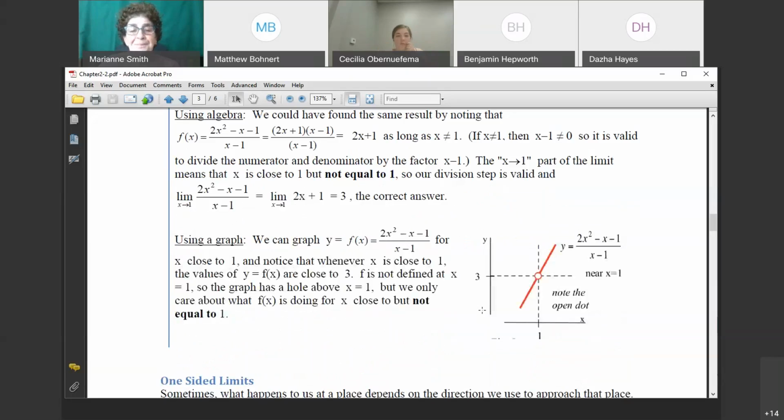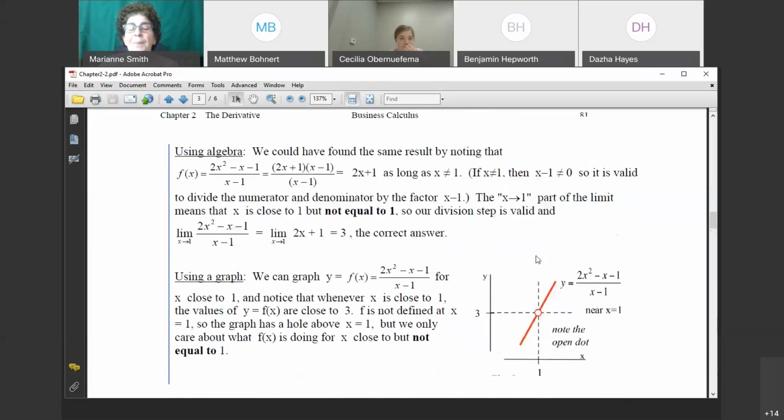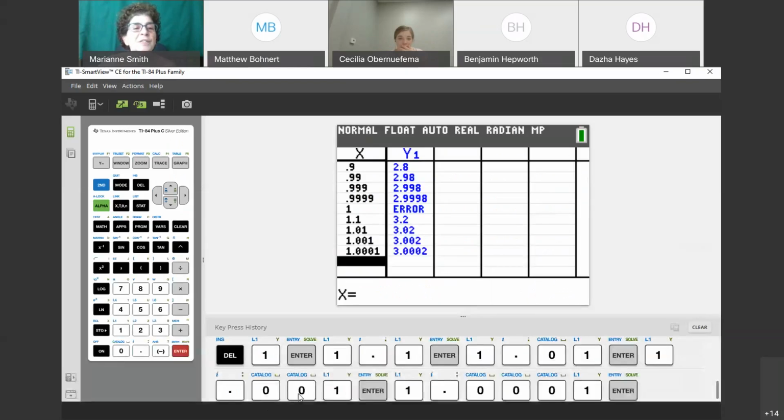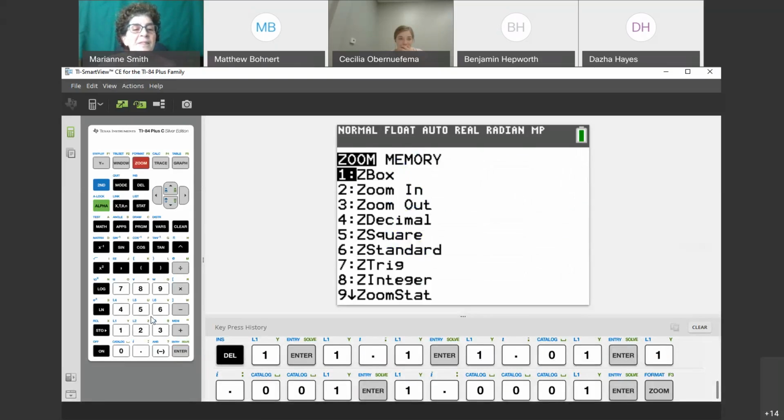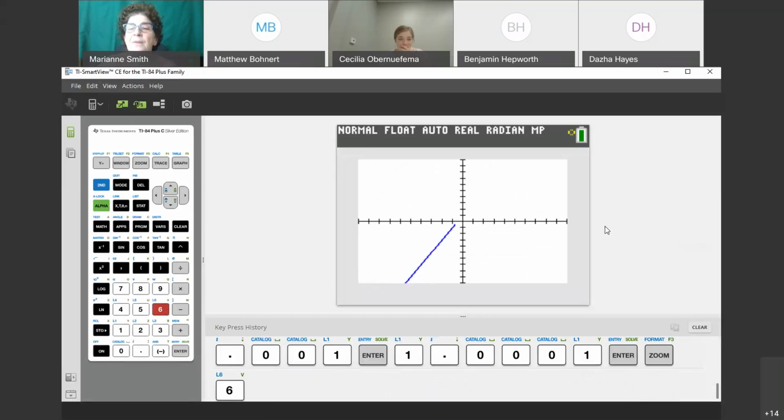Graphically speaking, this is the way it would graph. Because the way the function interprets this, it's not linear. It's actually a rational function with a hole in it. So if I go back to my TI-84, which you should still be able to see, let's go zoom 6 so I get it on a normal window.